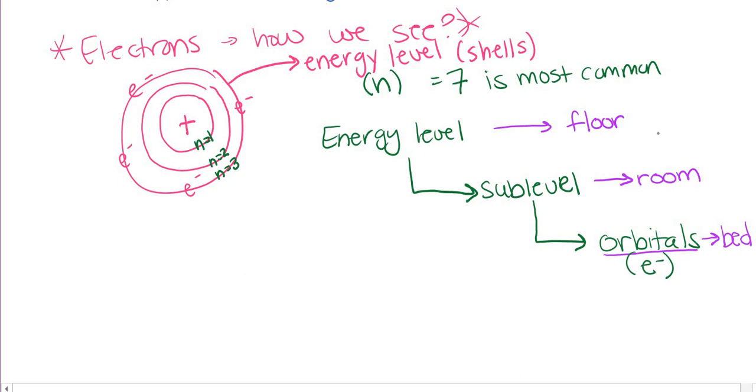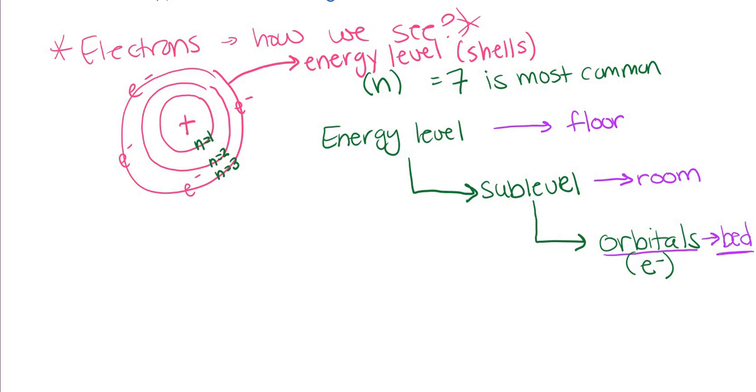So you have the floor, which represents the energy level, the sublevel, which is represented by the room, and then within that room you have beds, and those are the orbitals. That is where you're going to find the actual electron in the atom. Every electron has a specific bed, or a specific orbital, that it belongs to.